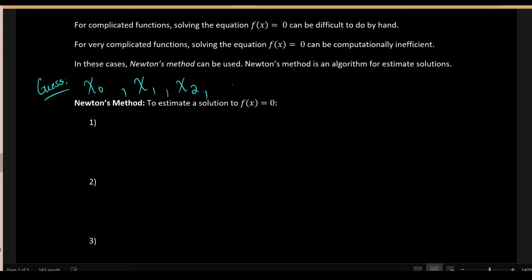And we're just going to keep doing this calculation, using x1 to calculate x2, using x2 to get x3, using x3 to get x4, and so on, until it seems like these x values, which we were calculating in succession, are getting closer and closer to a stabilized x value, which is the actual solution.